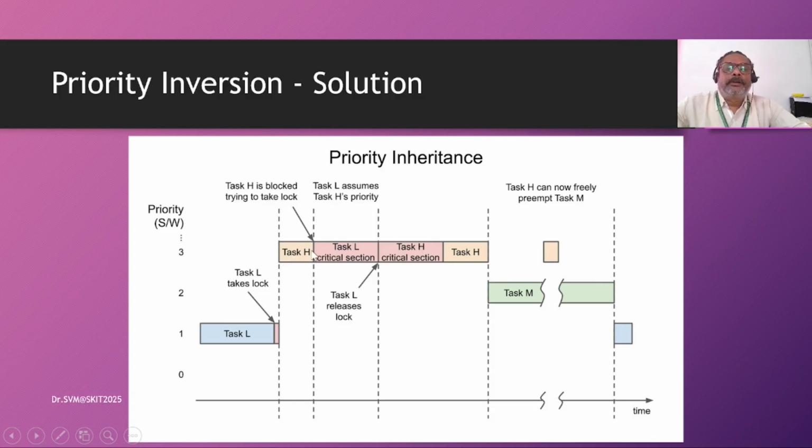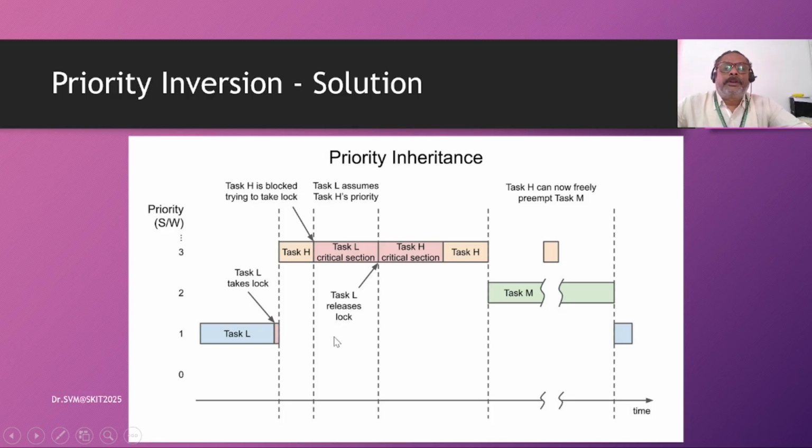But the moment it wants to enter the critical section, it cannot, because it needs the resource which was locked by this low priority task process. So the high priority task wants the resource, and it finds that the resource it is trying to use is already blocked by the lower priority task.